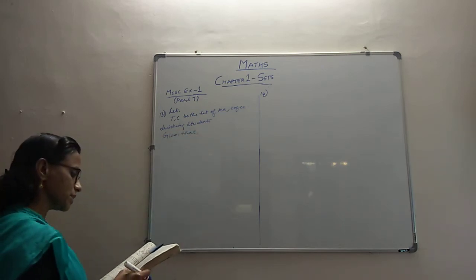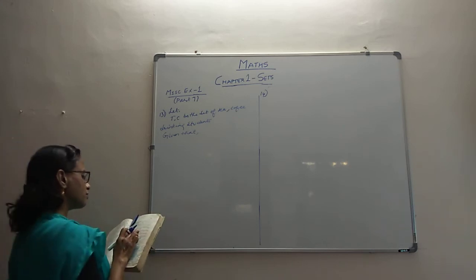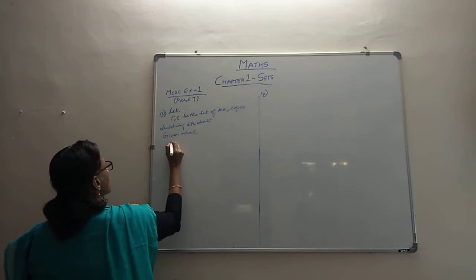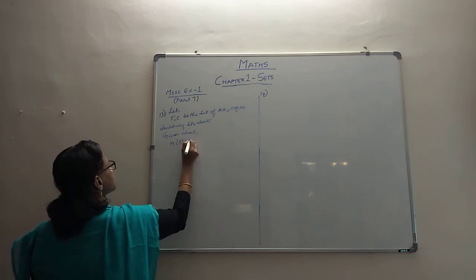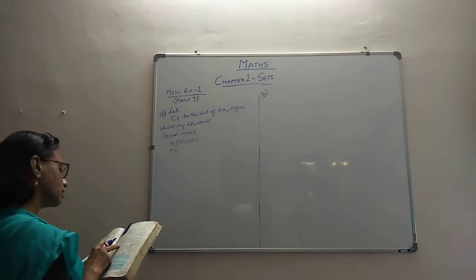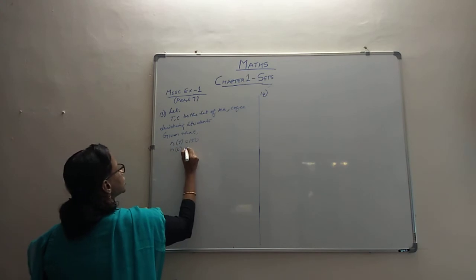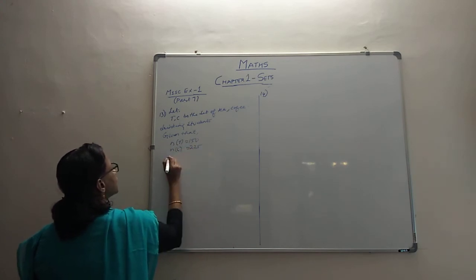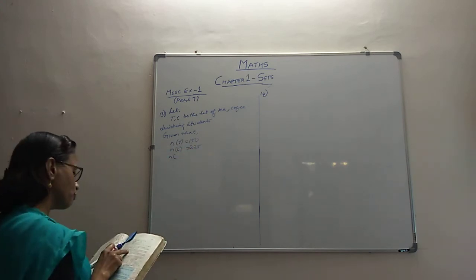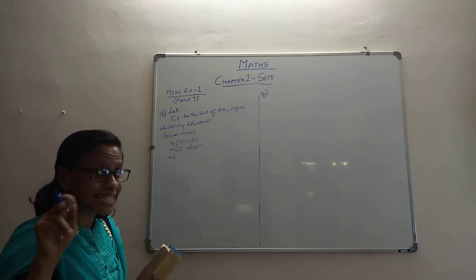It's been given that 150 were found to be having tea, so n(T) is 150. And they say that 225 were having coffee, and the number of people having both, we have learnt, is always the intersection.